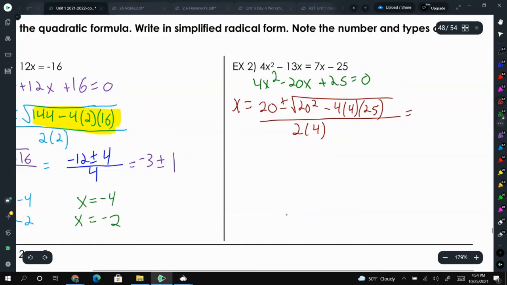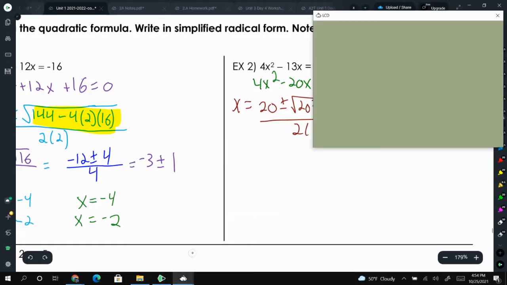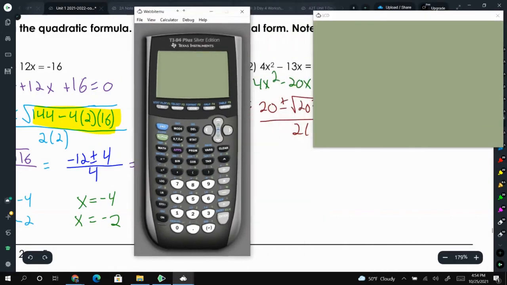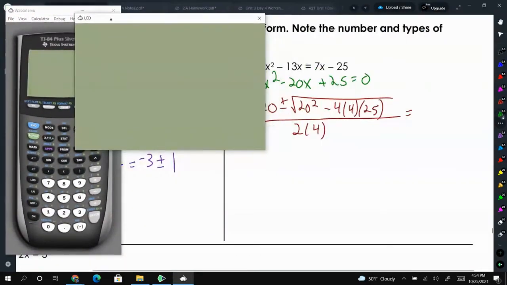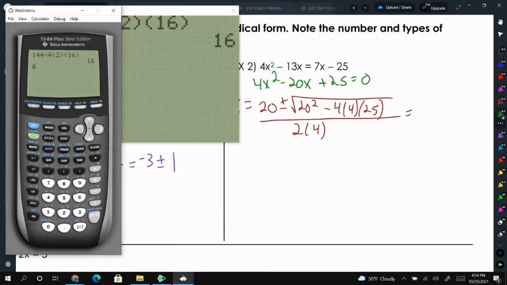And like I did in the last problem, I'm going to type in that stuff underneath the square root into the calculator all at once. So 20 squared minus 4 times 4 times 25.